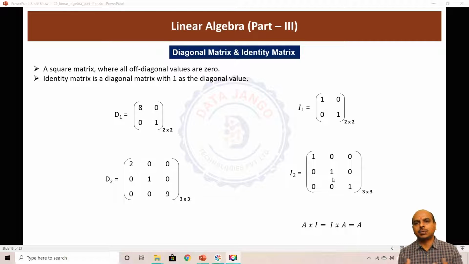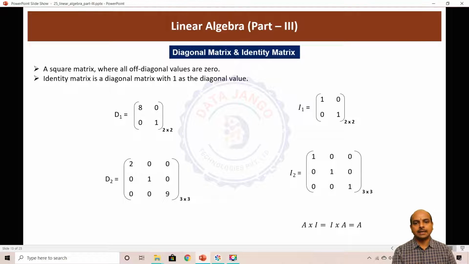What is the speciality of identity matrix? When you multiply any matrix with the identity matrix, or the identity matrix with any matrix, you will get A, the same matrix. A into I is equal to I into A is equal to A. That's the speciality. It is like 1 in normal numbers.